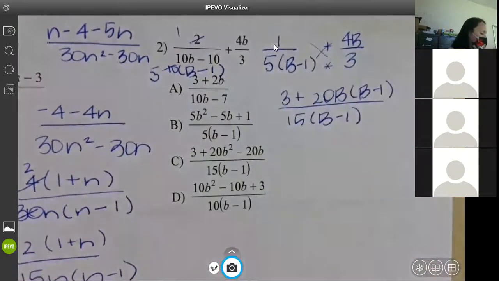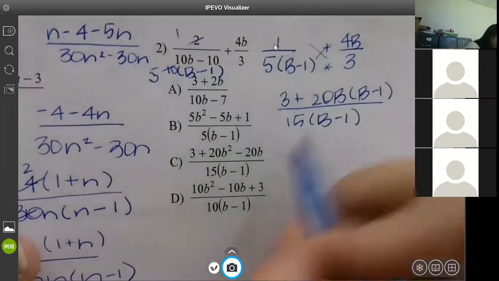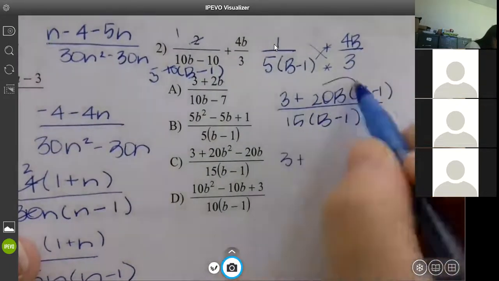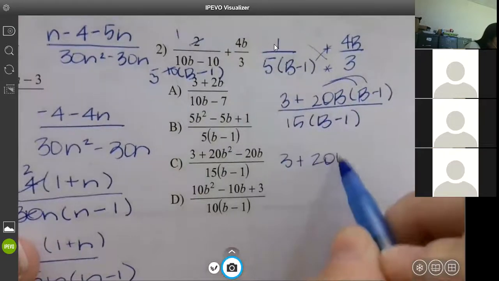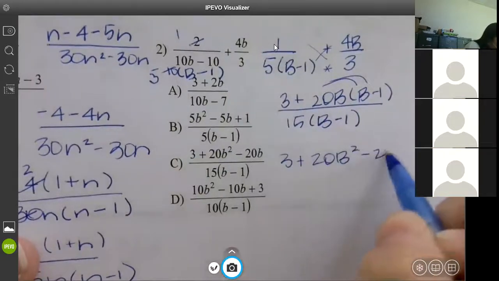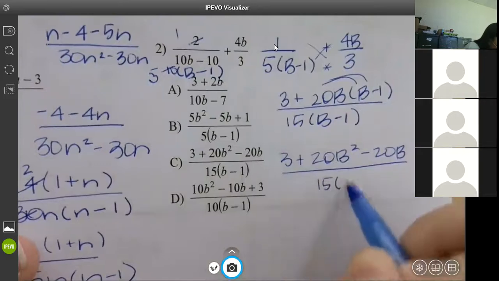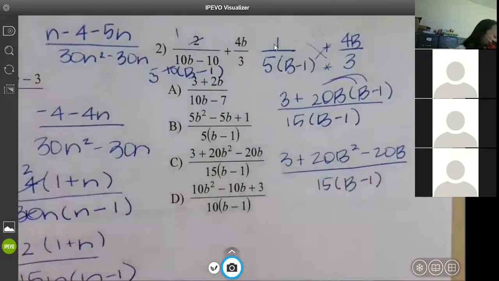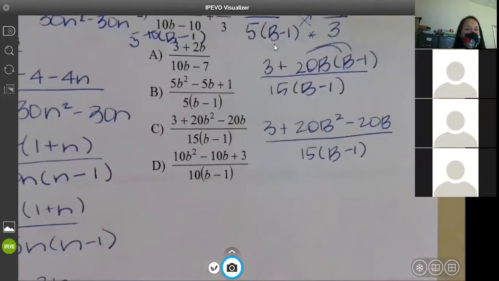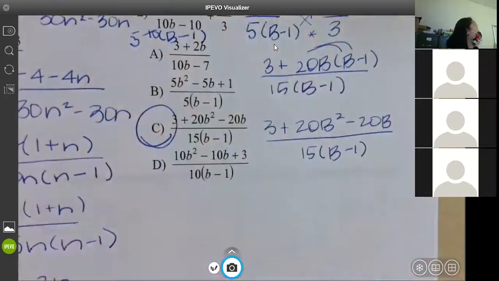And then we would just want to clean it up. We have a 3 plus, I'm going to distribute my 20b to get 20b squared minus 20b over 15b minus 1. Do you see that answer anywhere? Yeah, so stop there. You won't have to reduce more and it'll have the answer.